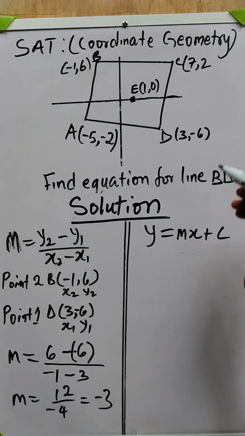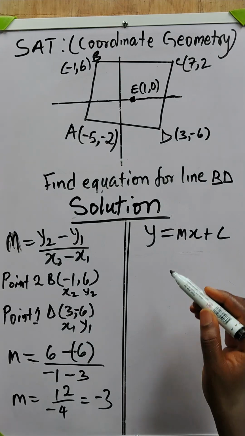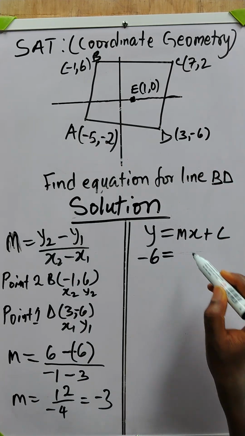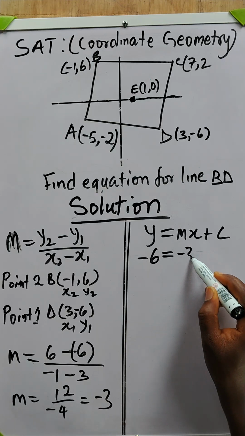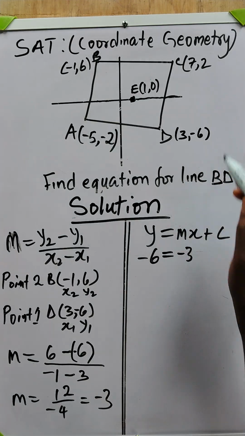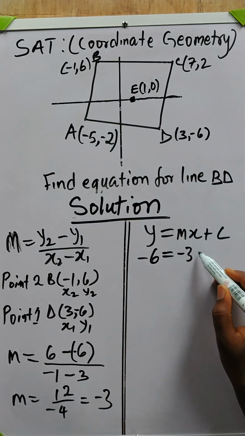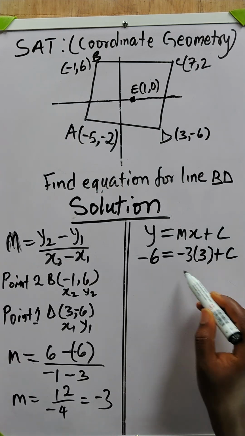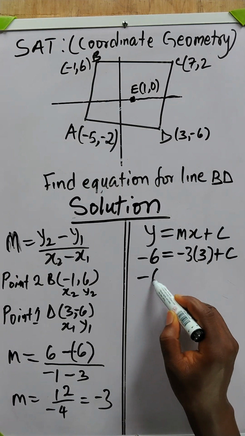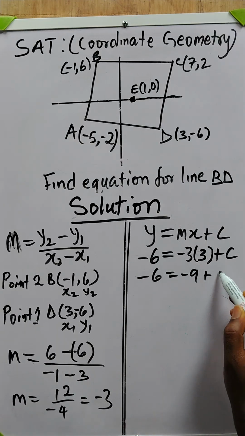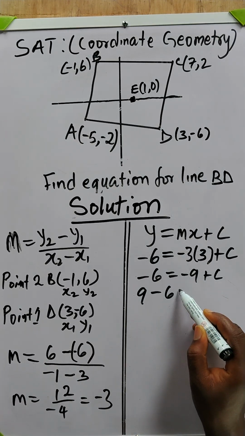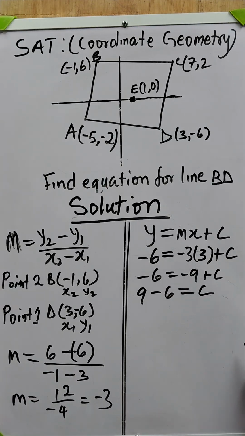Let me pick point D. This is my y, that's -6, equals my m, which we calculated as -3, times my x, that's 3, plus c. So -6 equals -9 plus c. Transposing, we have that 9 minus 6 equals c. So my c is equal to 3.